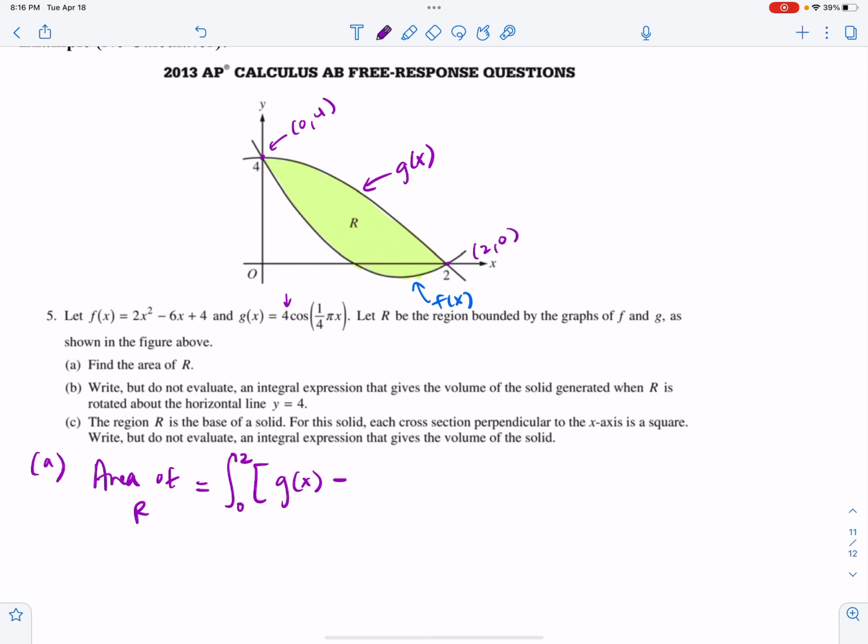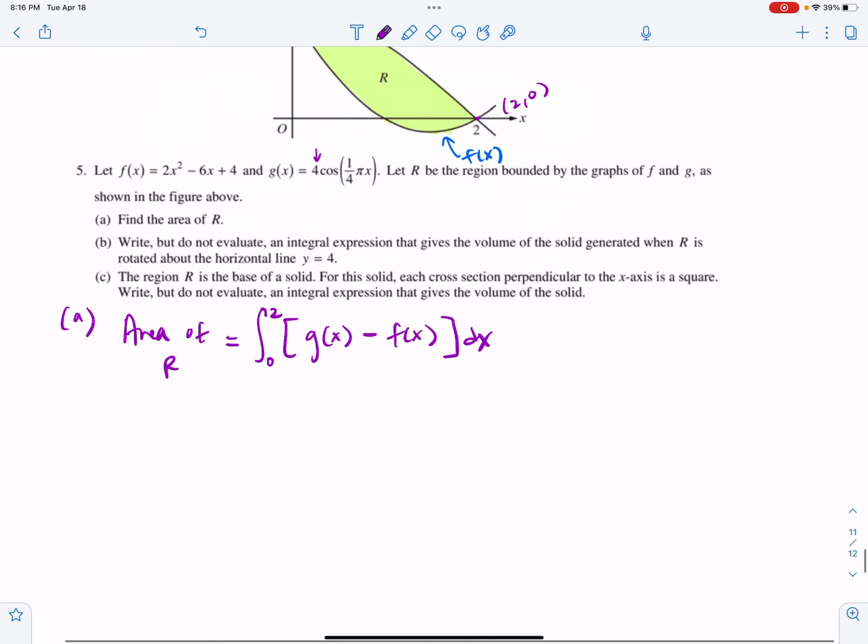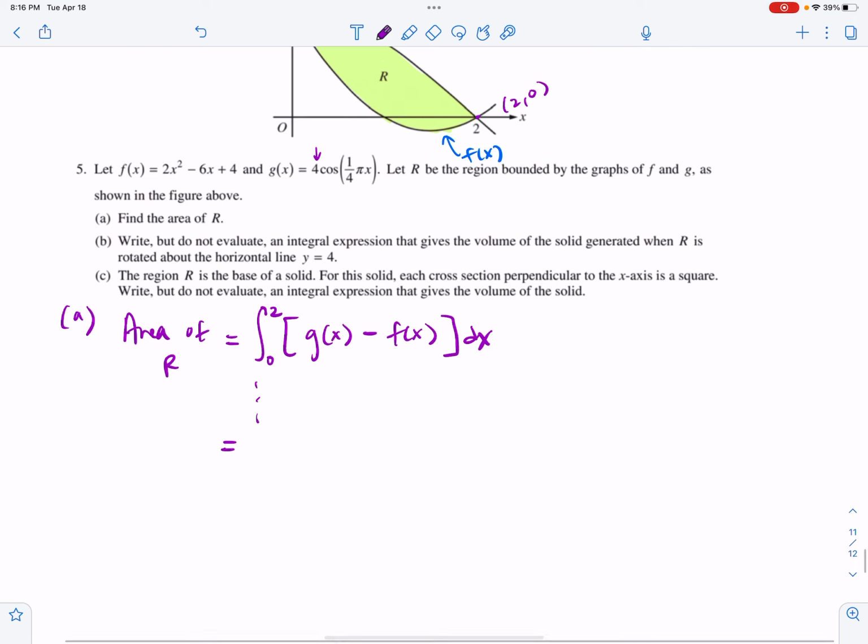So g of x minus f of x. Okay, and you can write in the rules. You would be expected to integrate this. I know you guys know how to integrate this. You would need to do a u substitution to integrate g of x. But you should end up with 16 over pi minus 4/3.